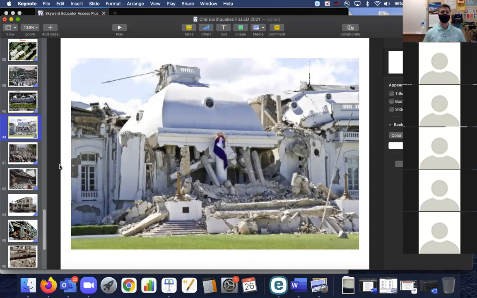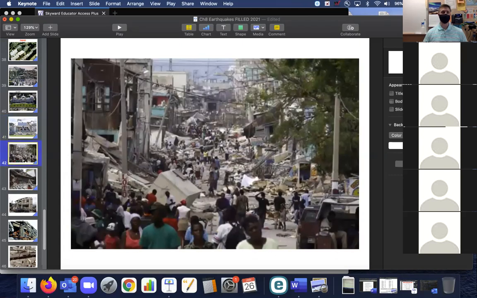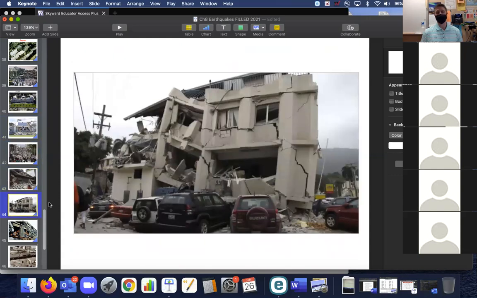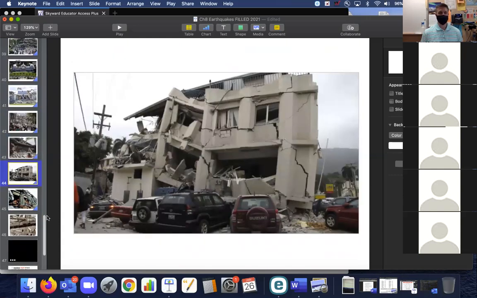But concrete does not do well with earthquakes. It doesn't like to bend. It doesn't like to twist. It doesn't like to move. A lot of times it'll just break. So that was one of the problems down there, aside from it being a really large earthquake.